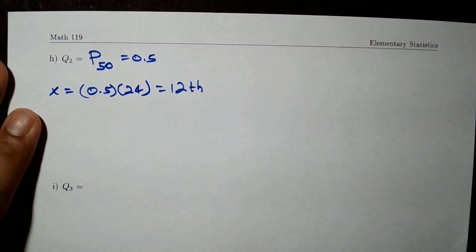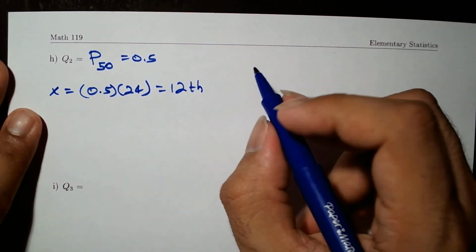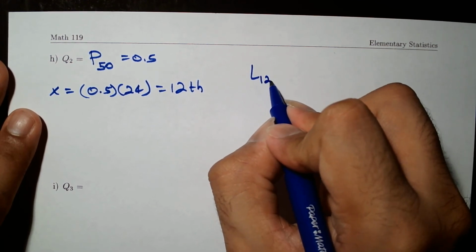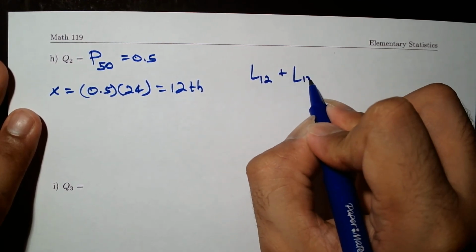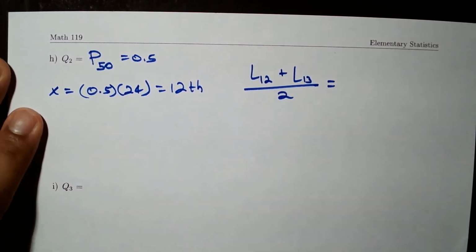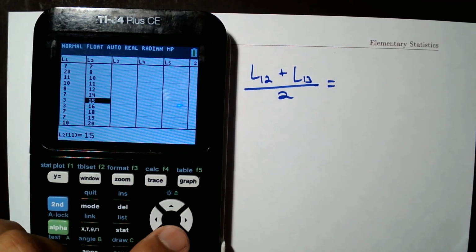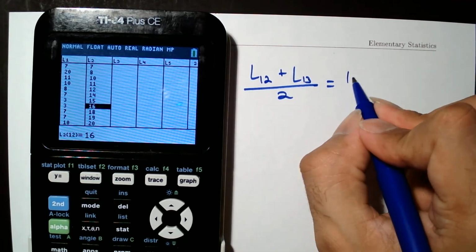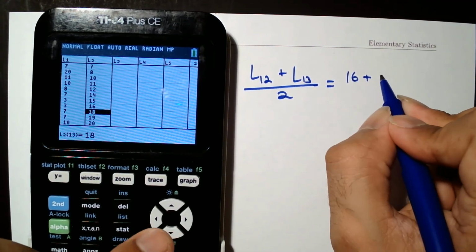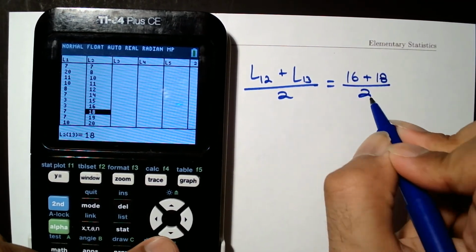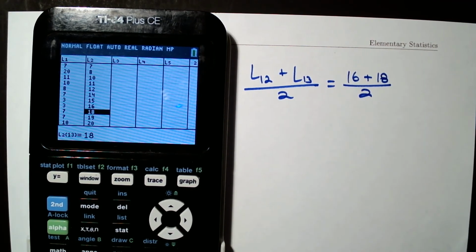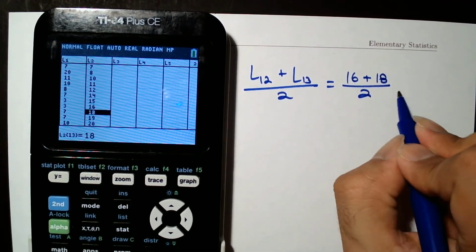Again, we got an integer, so we're going to do L12 plus L13 over 2. Let's go to the 12th position, which is 16, plus the next one, which is 18. Divide that by 2, and if we add these two numbers and divide by 2, we get 17.